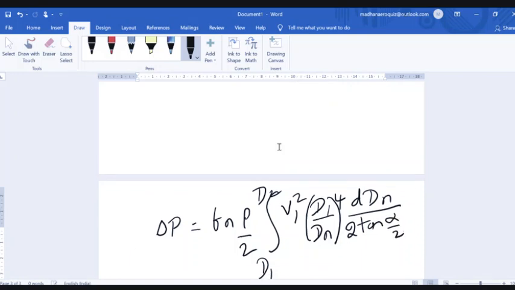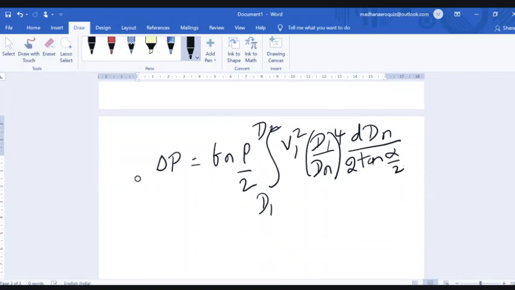So we have constant terms here. What are all the constant terms? Here we have 2 tan alpha by 2, d1 power 4, and v1 square. All these are known to you, so we take these terms outside.